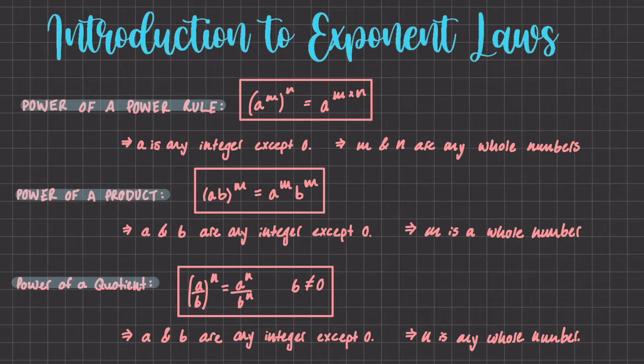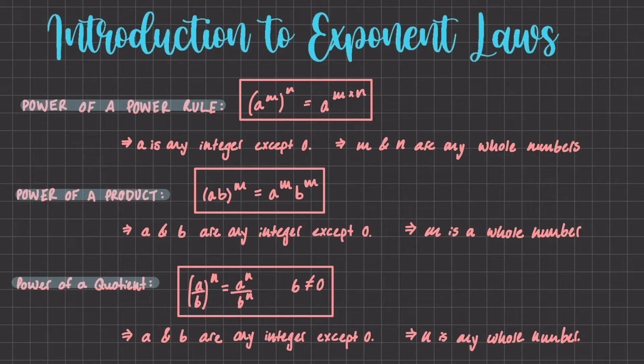The quotient rule is very similar to this. So you will have two segments that create this base. Here in this case we have a divided by b, so they're divided by each other instead of multiplied. That's the only difference here. And this is raised to an exponent n.